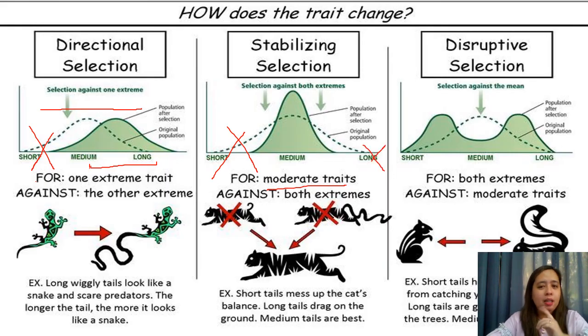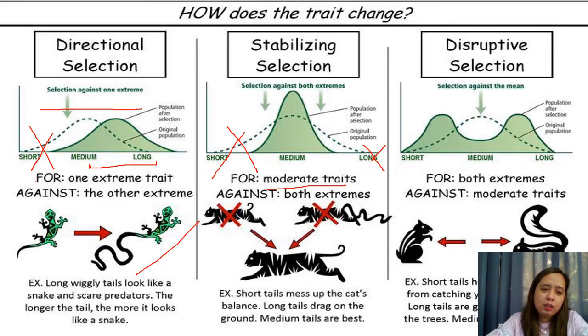So, for example, in the directional selection, long wiggly tails look like a snake and scare predators. The longer the tail, the more it looks like a snake, for example for this lizard, the more that predators will tend to go away from it.